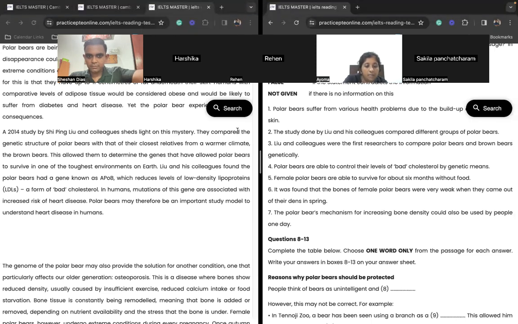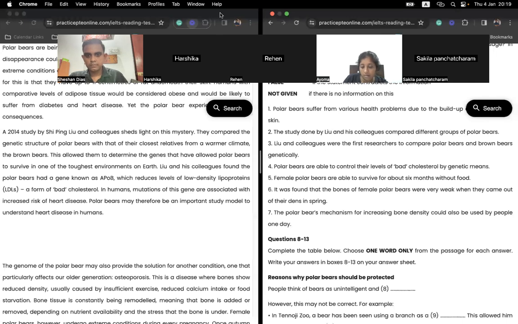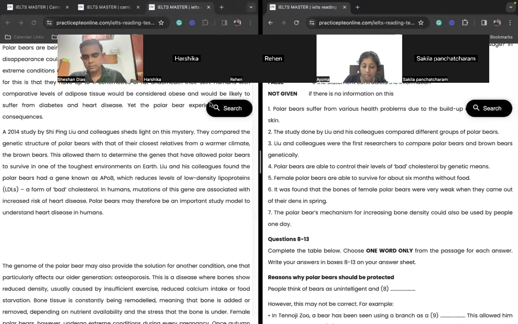A lot of people are saying false. Read carefully, follow the same technique. Locate the fixed keyword first, then the flexible keywords.